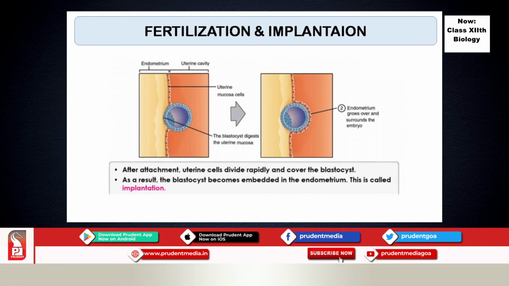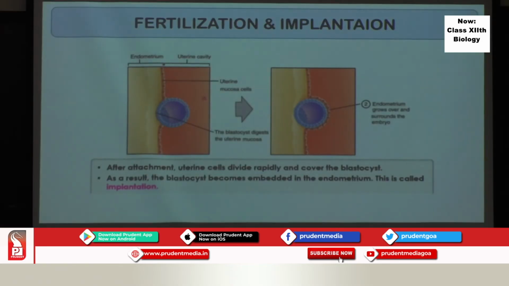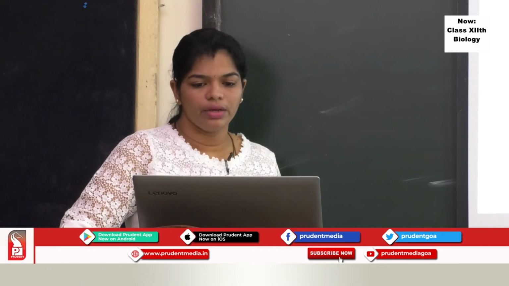So the implantation looks something like this. This is the endometrium. This is the uterine cavity. This is the endometrial epithelium. This is the blastocyst which has now come into contact with the uterine mucosa.